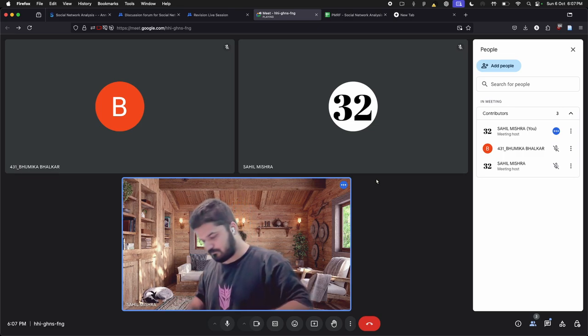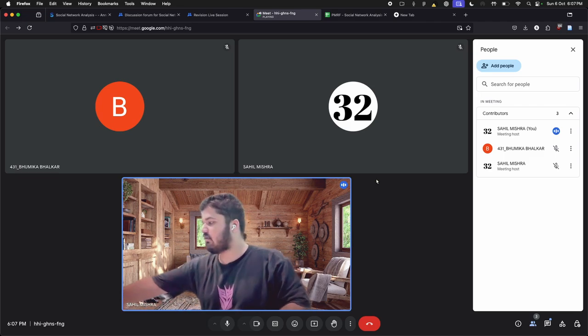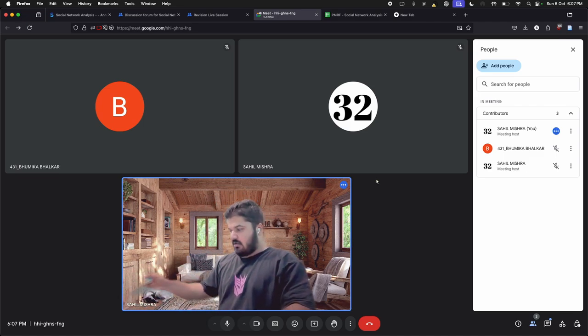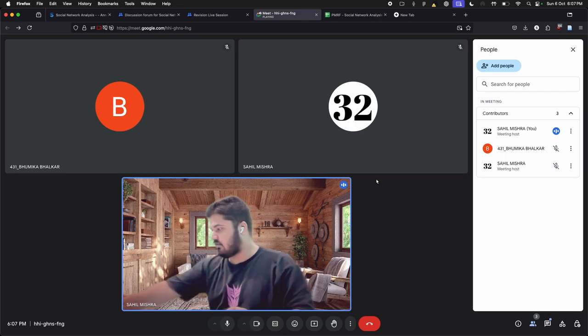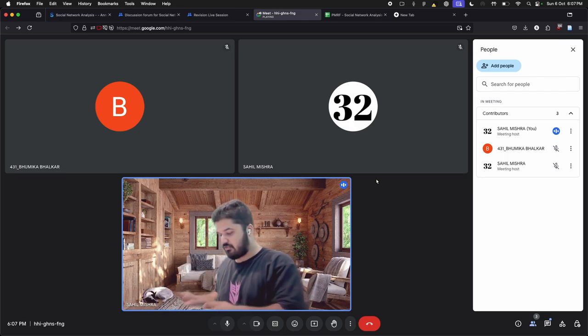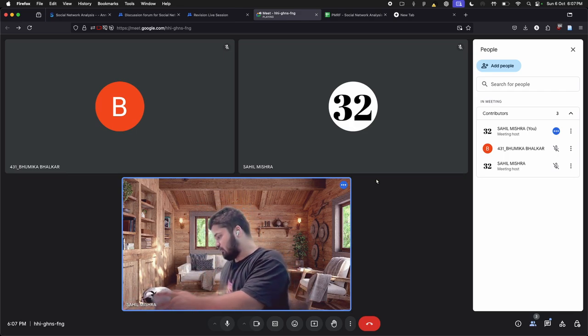Okay, so let's start. Last time we discussed strongly connected components, and we were supposed to start centrality measures for nodes.